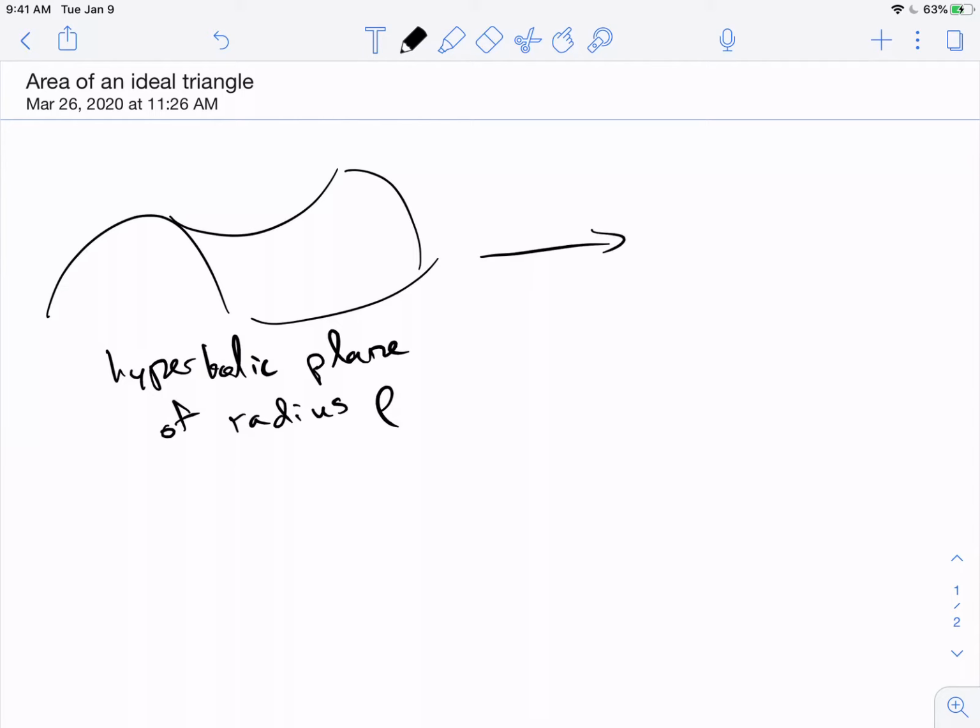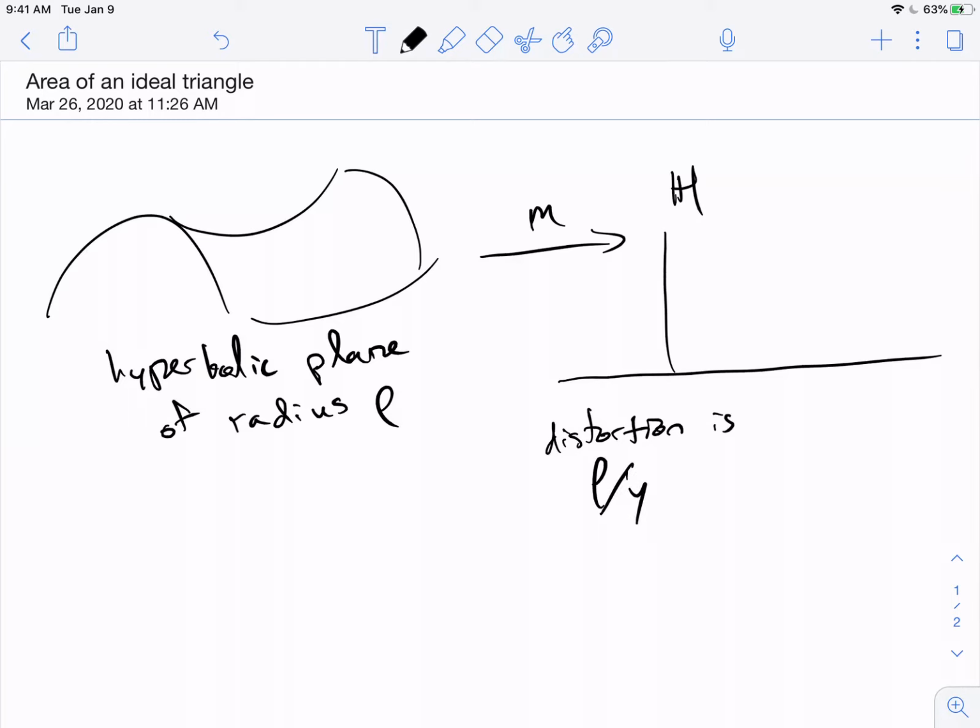It means that under my map to the upper half plane, the distortion between the Euclidean distance here and the actual distance in hyperbolic space is given by rho over y, right? So that's how you can calculate the radius, by figuring out what this distortion factor is. But let's just assume it's given to us, and it's some number rho.